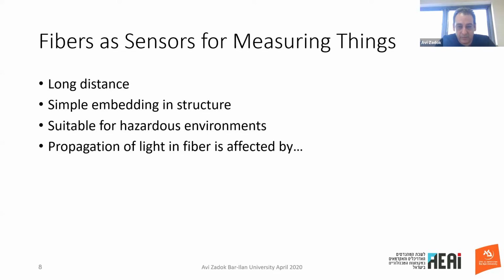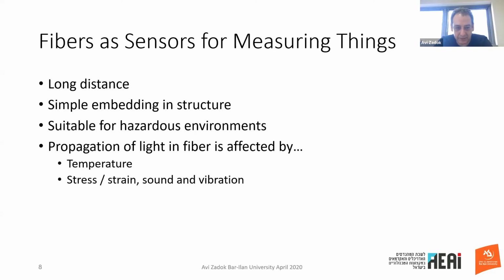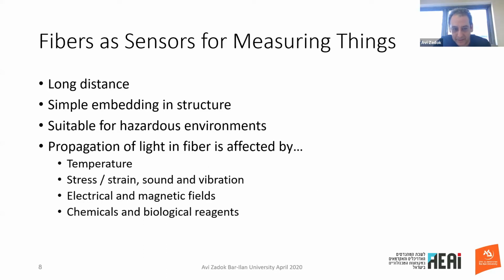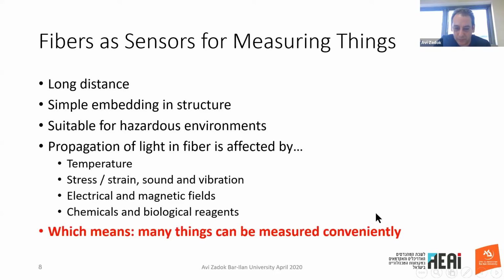And the propagation of light in the fiber is affected by many conditions and variables that we might be interested in measuring, such as temperature, mechanical deformation, stress, strain, sound, vibration, the presence of electrical and magnetic fields, chemicals, biological reagents, and so on, which means we can measure many things rather conveniently.